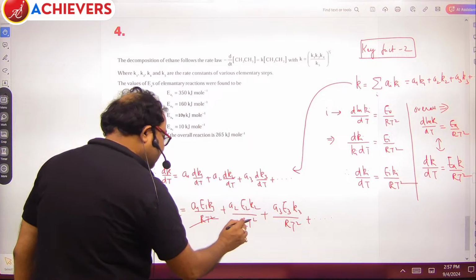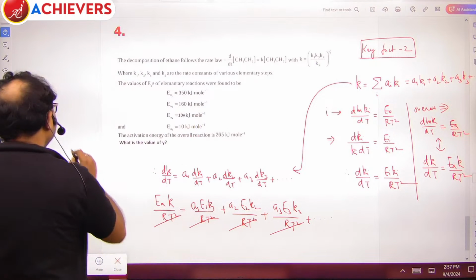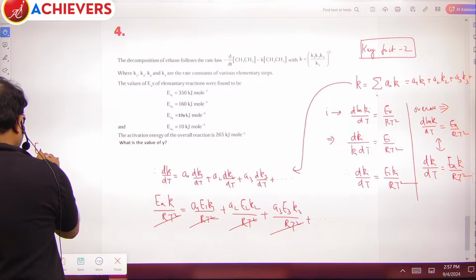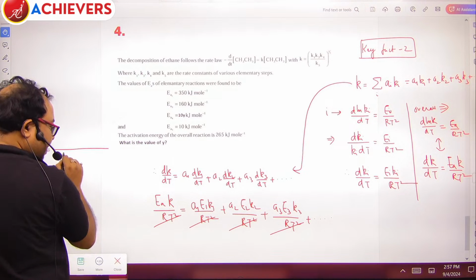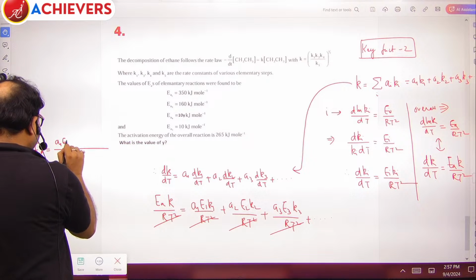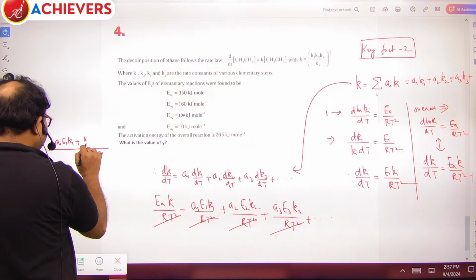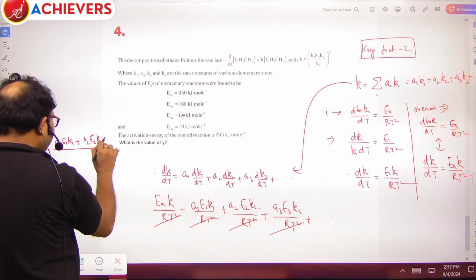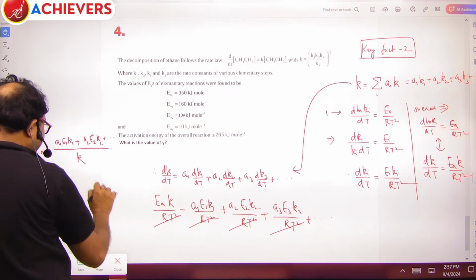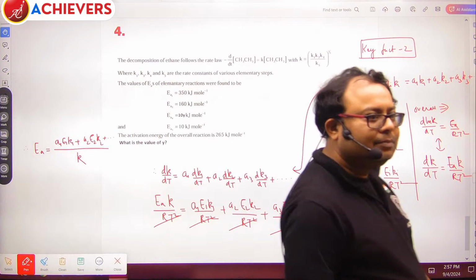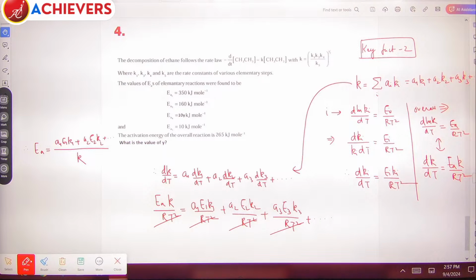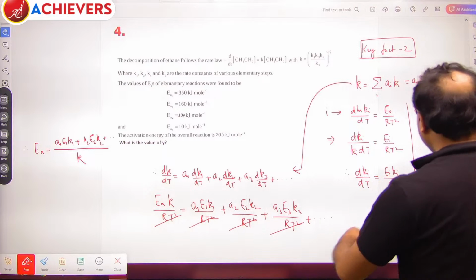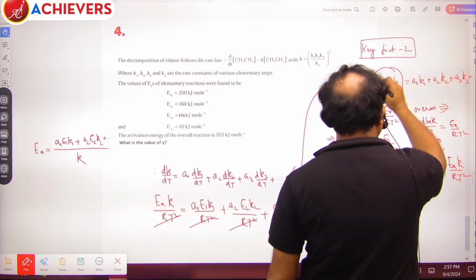RT square will get cancelled out. So Ea becomes A1 E1 K1 plus A2 E2 K2 and so on, divided by K. Now you know K is summation over ai ki.